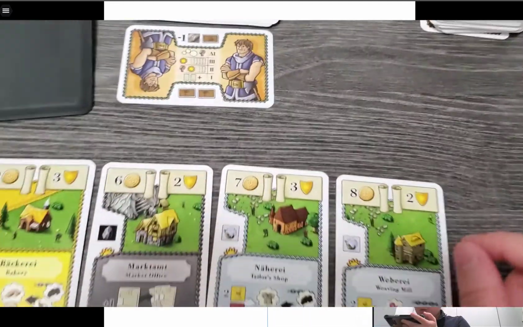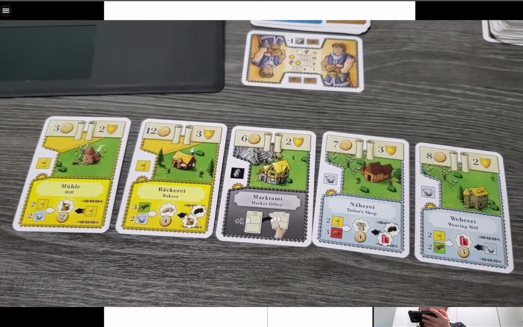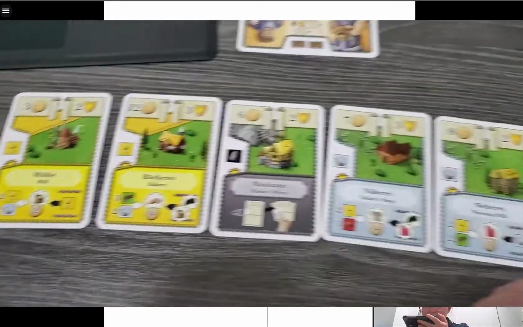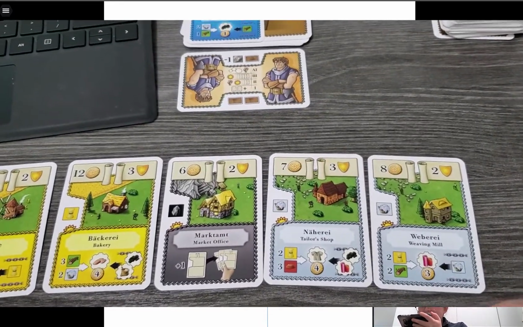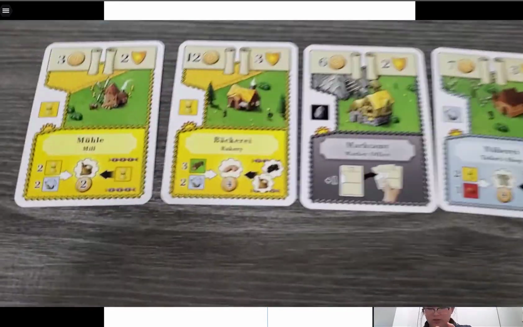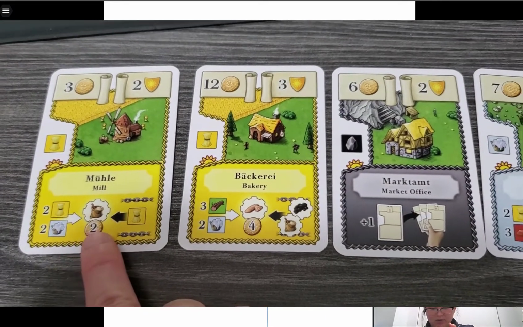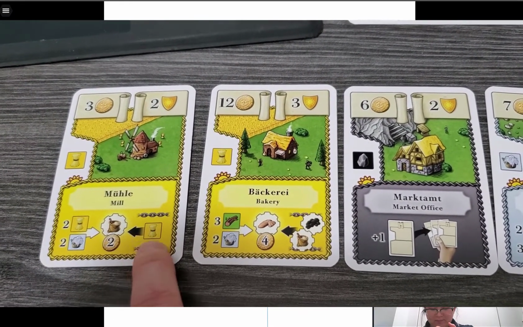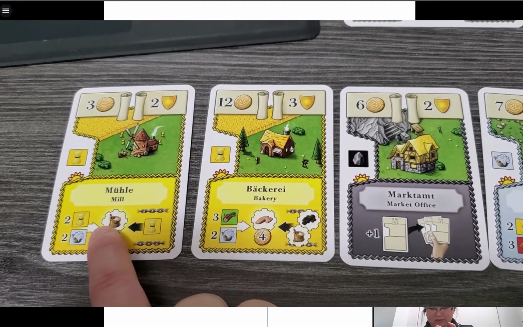So every person starts with some amount of hand cards, and what's interesting about the game itself in terms of production is the chaining process. For example, notice that this is a mill.